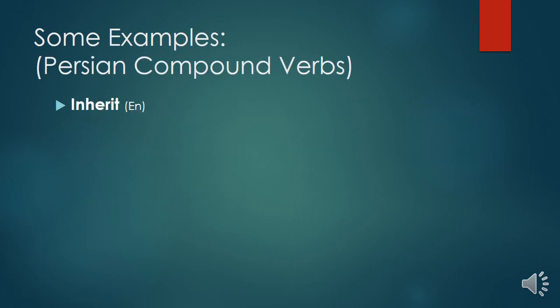Now let's look at some compound verbs in Persian. First one is inherit, composed of in and herit. Its origin is ered, which is the stem of ers.